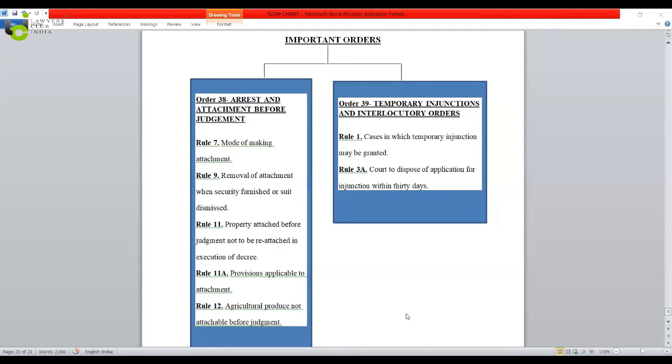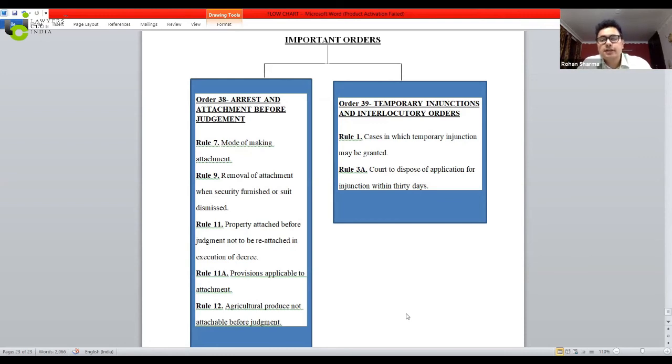Temporary injunctions, as the heading says, are temporary in nature. This is basically an interim relief which you seek when you're filing a suit. Temporary injunctions are sought by filing a separate application under Order 39, Rules 1 and 2 along with your main suit.